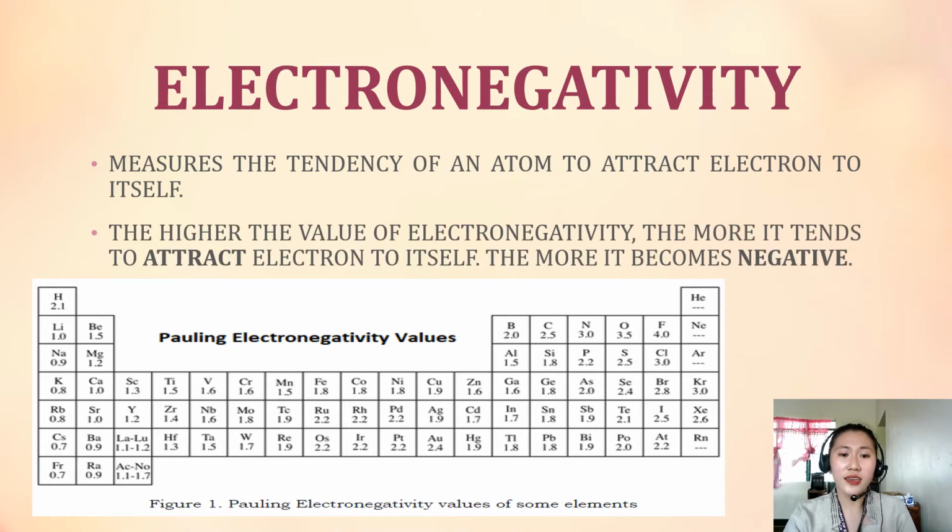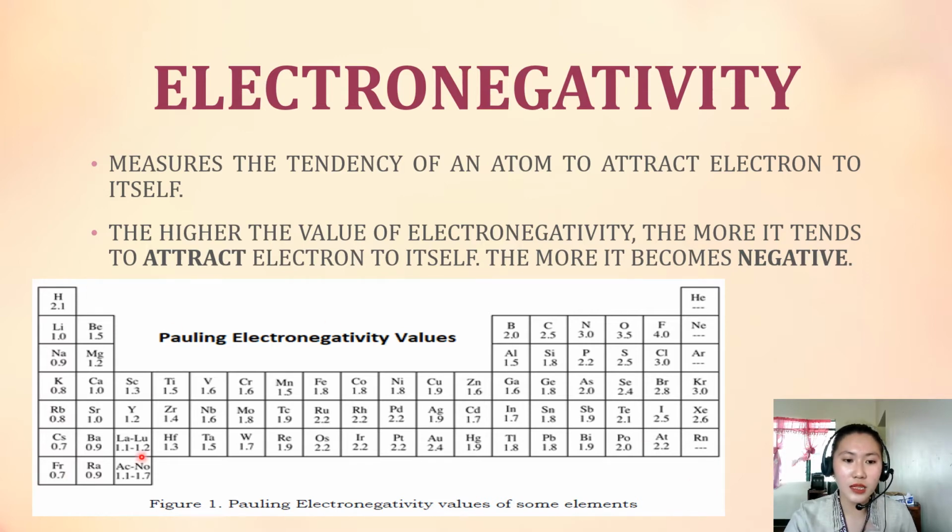Okay, so the higher the value of electronegativity, the more it tends to attract electron to itself, and the more negative it becomes. So here, these elements that have higher electronegativity, it means mas madali sa kanilang maka-attract ng electron. And when they attract electron, they become more negative, since electron is a negative charge.